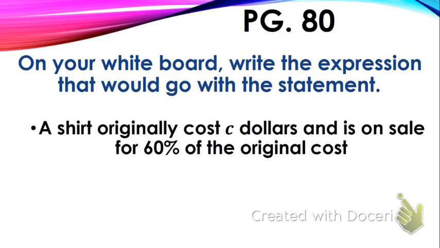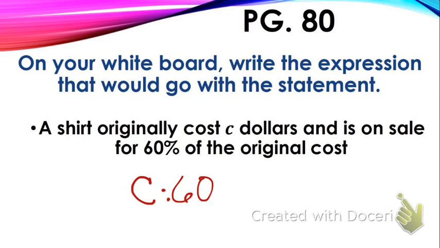Which poster did we have the word of show up on? Multiplication. What would I want to be multiplying? C is going to get multiplied to that 60%. How would I write 60% in a way that I could put it in my calculator? 0.60.